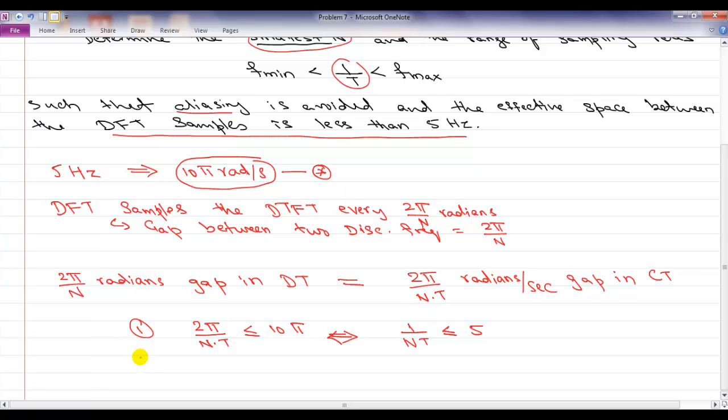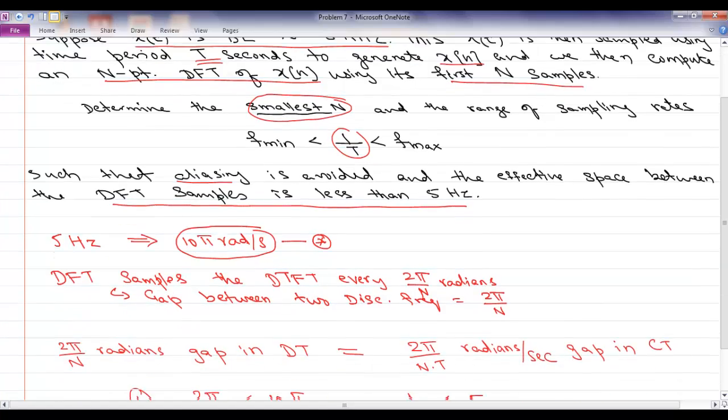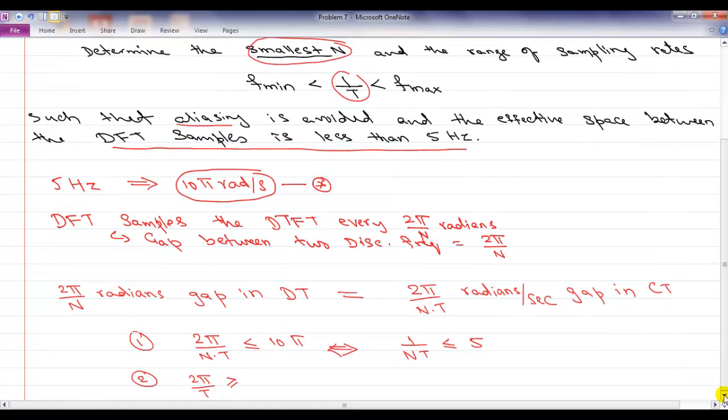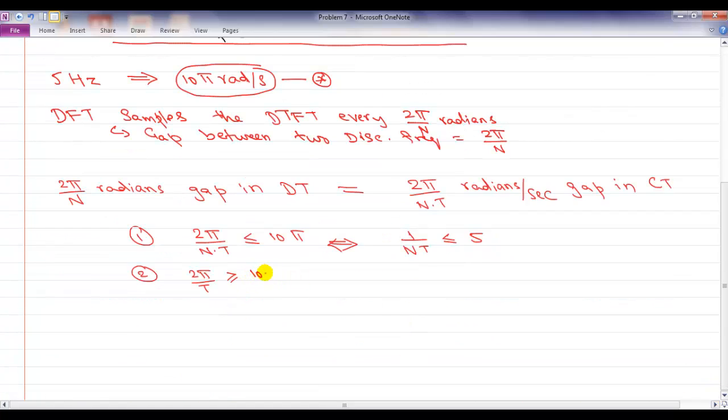So our other constraint is that we must sample such that no aliasing happens. So what does that mean? That my sampling frequency 2 pi over T should be bigger than twice the maximum bandwidth. So what is the bandwidth of the signal? It's 5 kilohertz, or 10 pi times 10 to the 3.